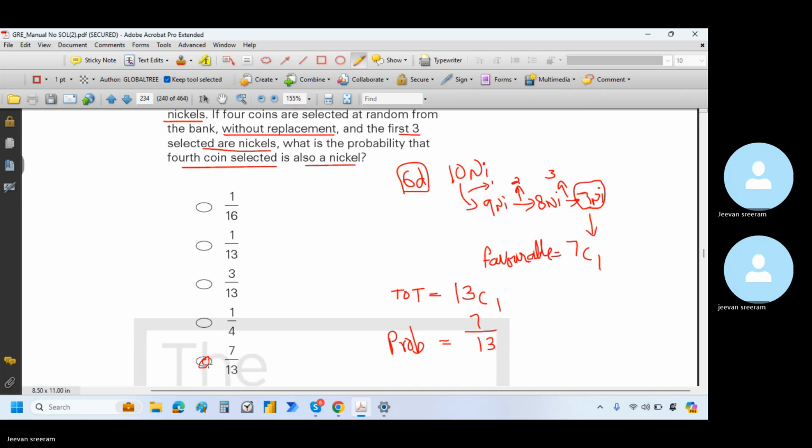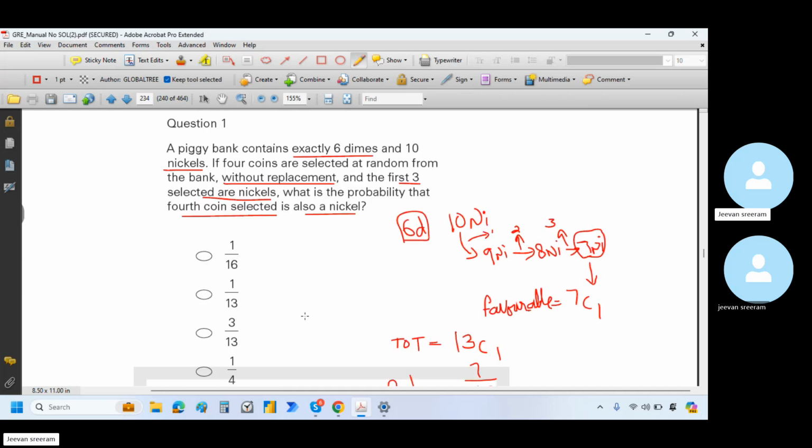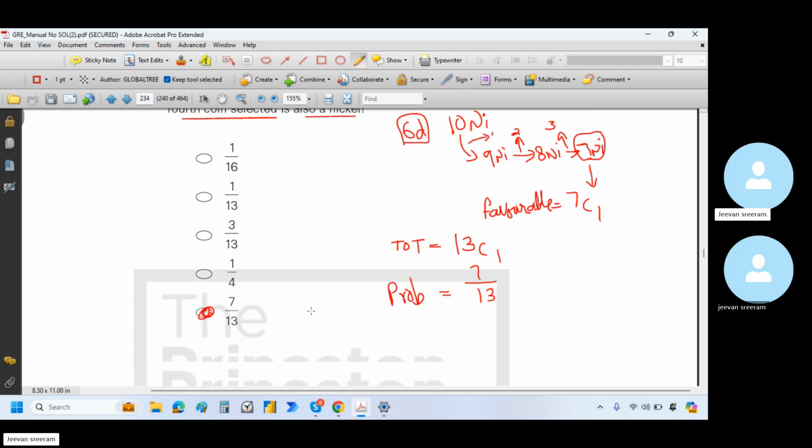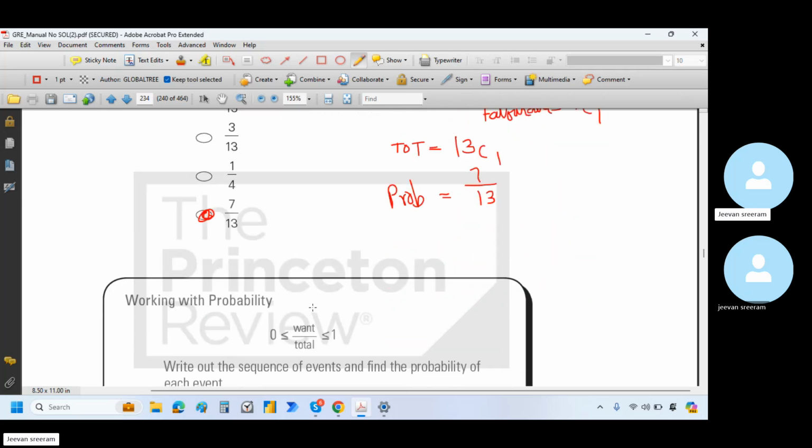This is the answer. The event is selecting one nickel, selecting a coin from all the coins, for the total number of chances. The favorable chances for the event is that one nickel should come from 7 nickels. That can happen in 7C1 ways. 7 by 13 is the right answer.